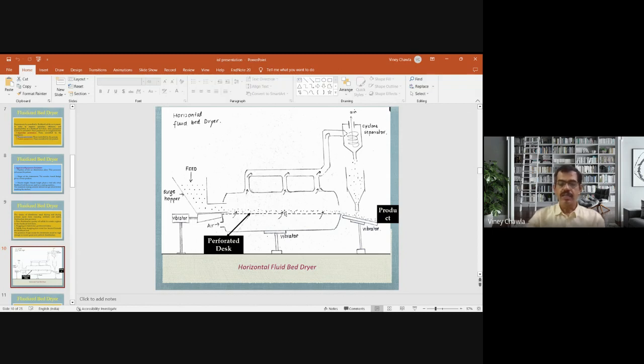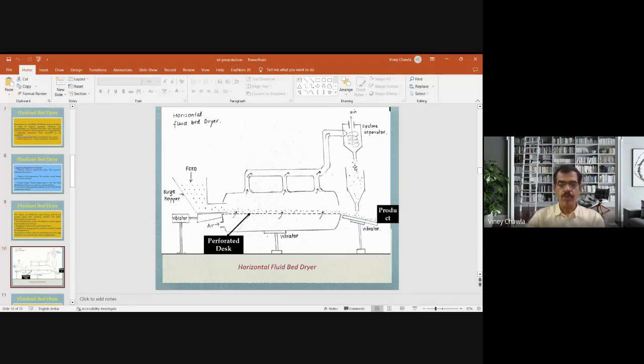When fluidization is taking place, some of the very fine particles are carried away with the air in the direction of the arrows upwards, and ultimately they reach the cyclone separator, through which we get two products. One is air product, another is cyclone product.